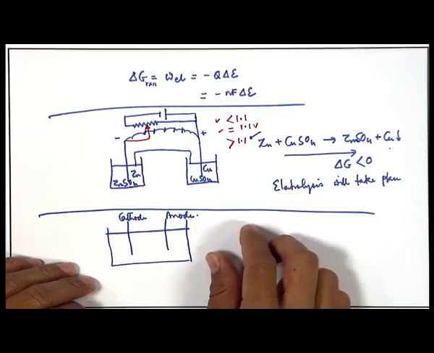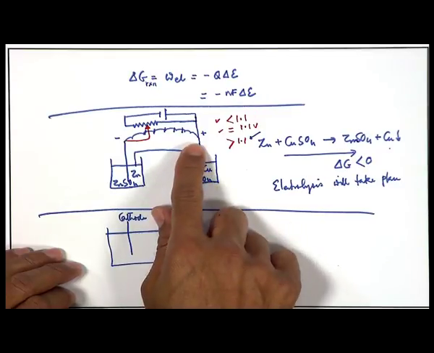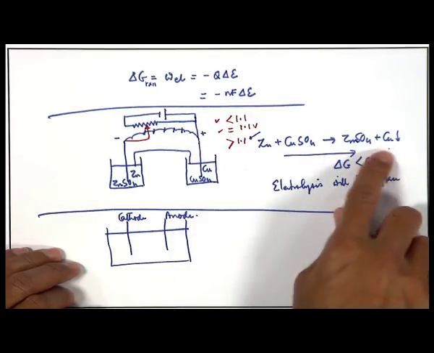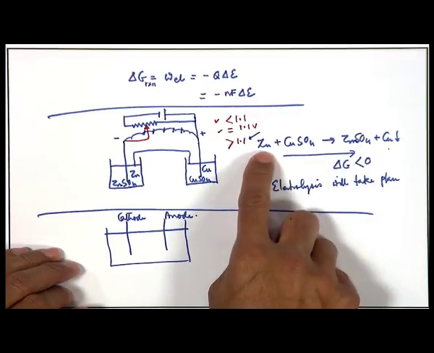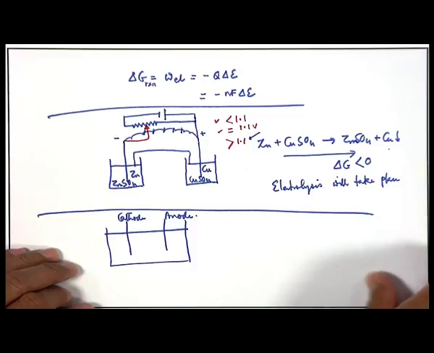But if the applied potential difference is greater than 1.1, that means if this one is biased in the reverse sense, then the reverse reaction will take place: copper will dissolve into copper sulphate, and zinc 2 plus ion will return to zinc metal. So basically electrolysis will take place.